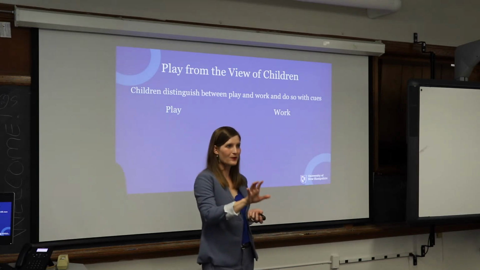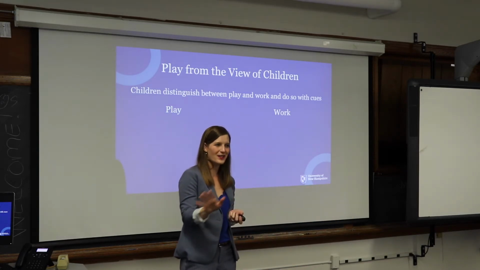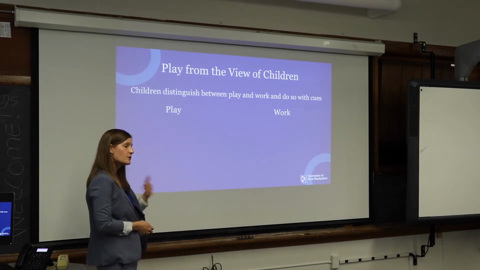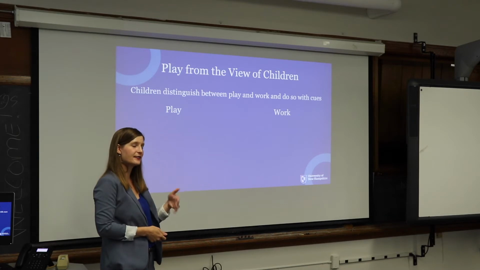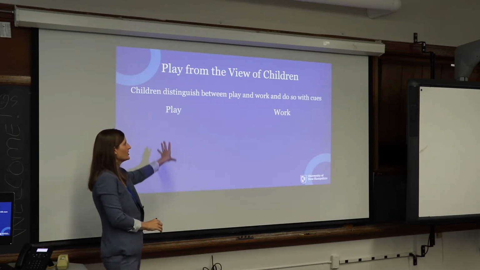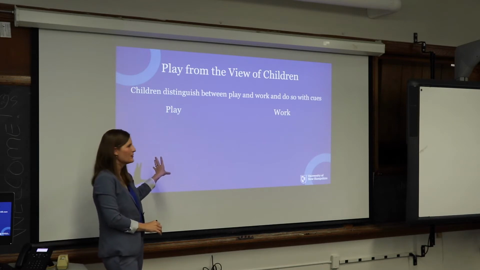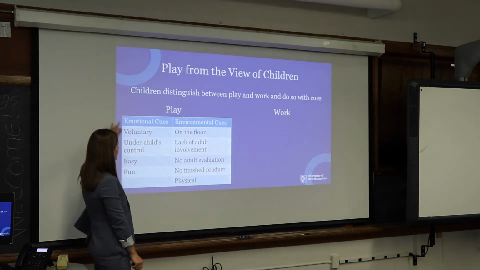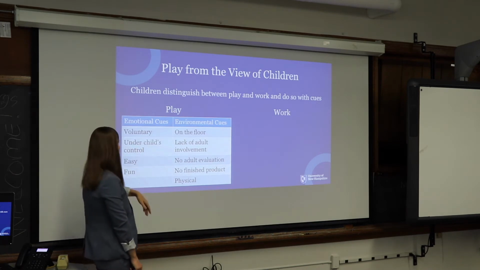So kids know, and kindergartners really know, what is the difference between work and play. And so they use a lot of cues in your classroom. So when you're thinking about what you're doing and designing lessons, this is a way you can balance it. You can think about how can I design things that look like play, even though I've got a learning goal in mind, versus those things that are work. So with play, there's emotional cues in the environment.